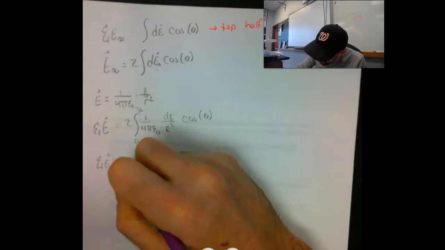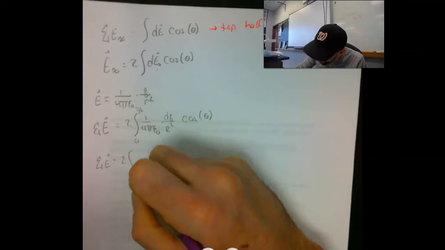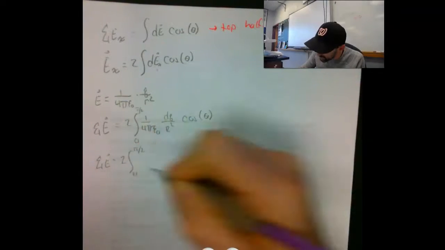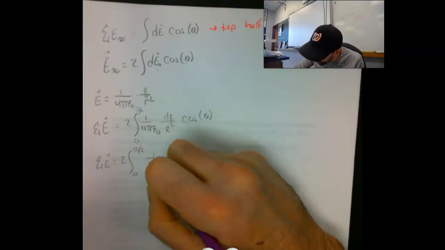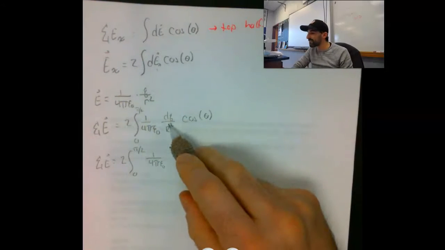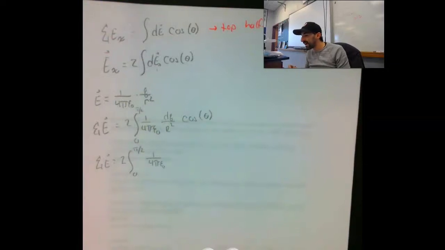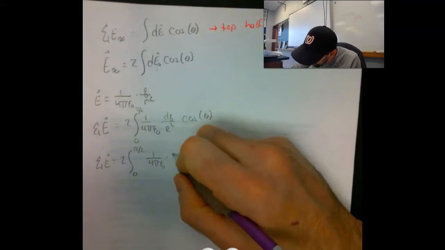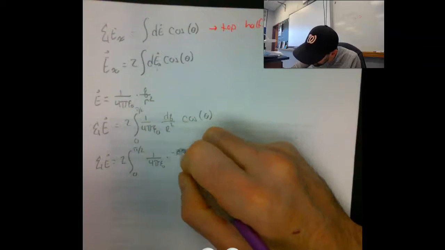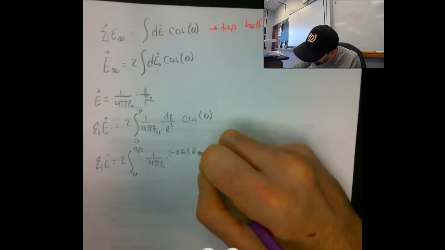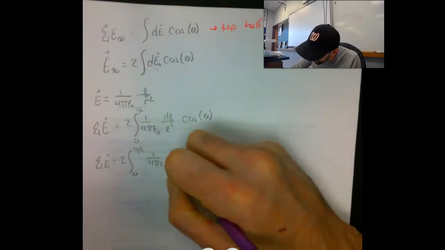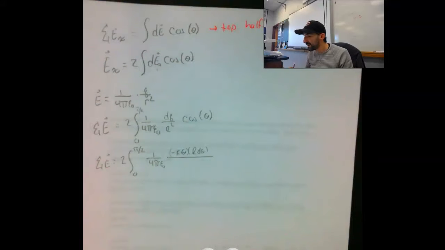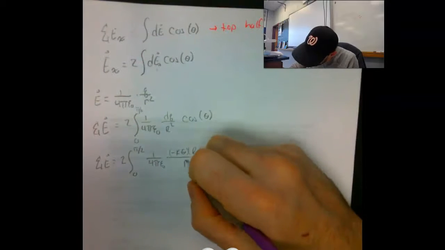Electric field, 2 times the antiderivative from 0 to pi over 2 of 1 over 4 pi epsilon 0. I'm subbing in for my dQ, negative k theta r d theta. So times negative k times theta times an r d theta divided by my r squared.